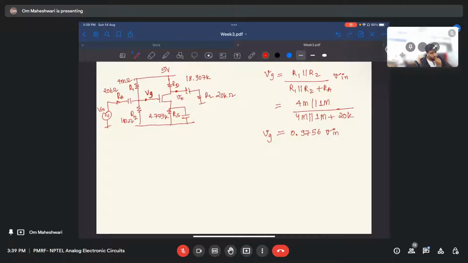Let me draw this. Z out will be R out, which we know from the transistor. It will be in parallel with RD because we have RD connected, and also RL. So this is the complete output impedance at the drain node.